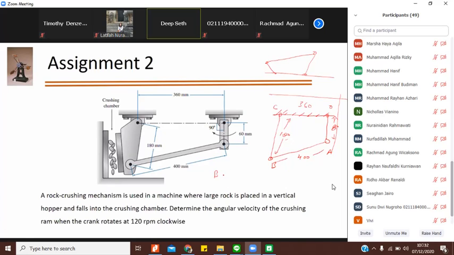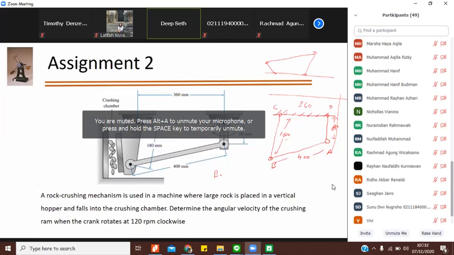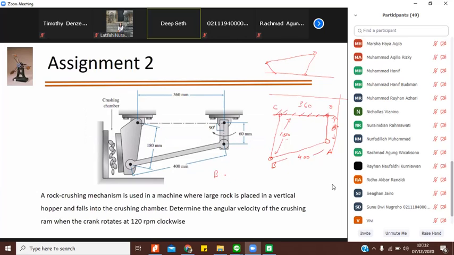It's a simple 4-bar mechanism, so you just have to apply. First you will see A plus B minus A, and then C plus B minus C. Correct?